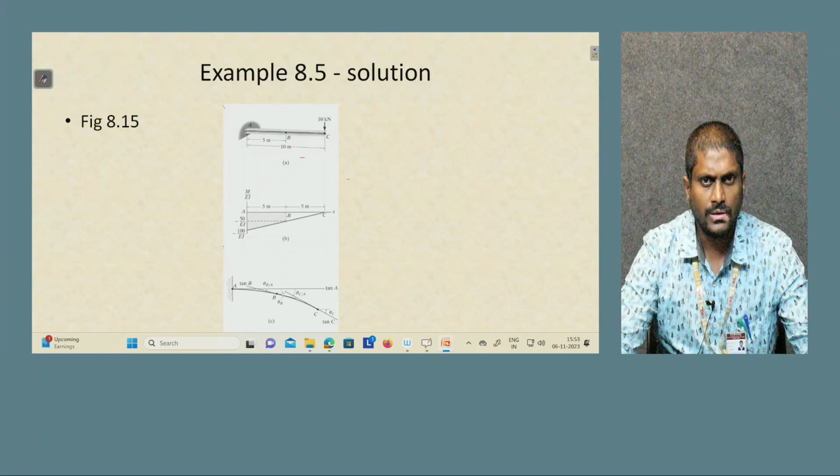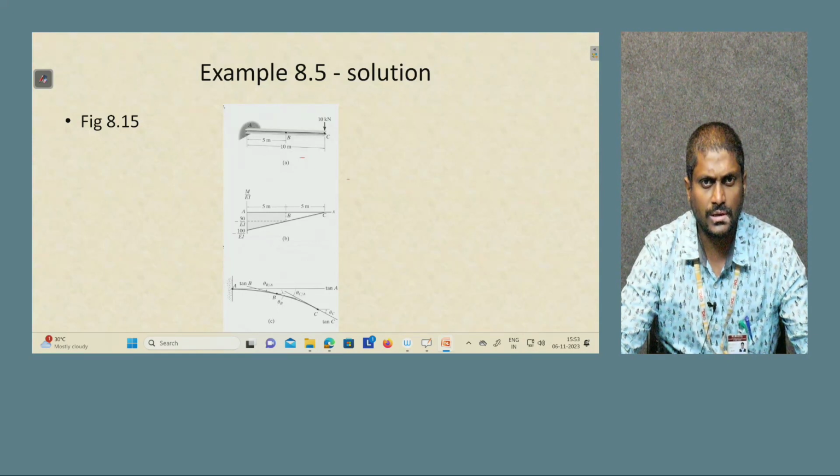You can see we have one cantilever beam with an end point load of 10 kilonewtons applied at B, and the span of the beam is 10 meters and the center point is 5 meters.